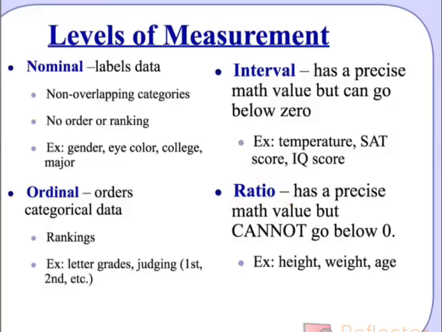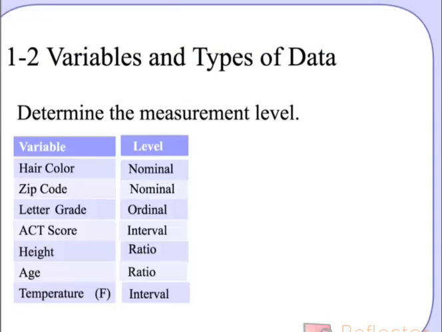Let's look at some examples. And I gave you some of these earlier. Hair color is nominal. It's a category. So this is qualitative, and order does not matter.